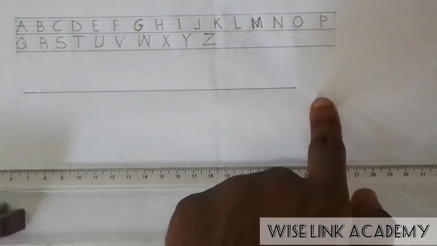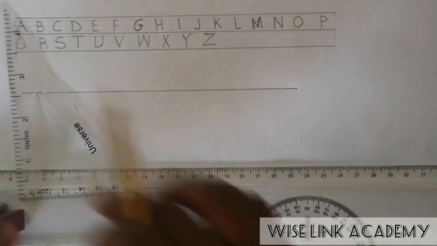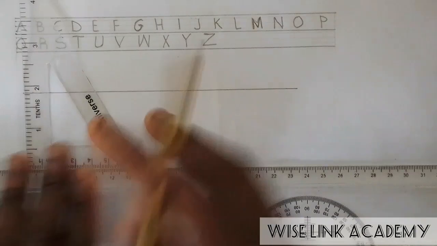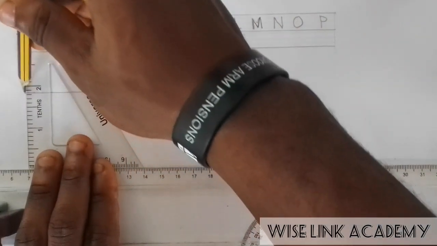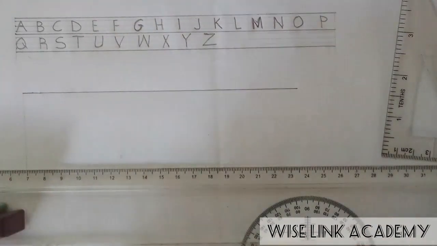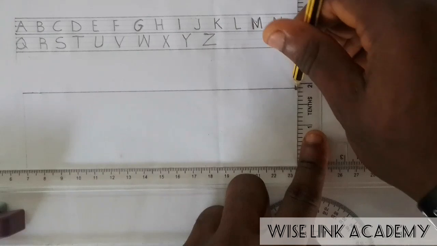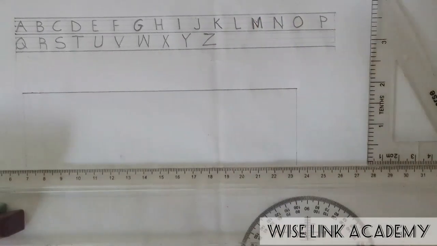After successfully drawing this thick line, you take your set square this way. Right? Take it down this way. I have this. Next up, come to the other side here. Take it down this way. I have this.